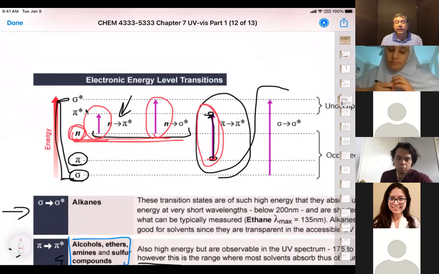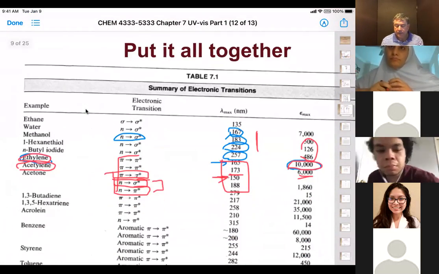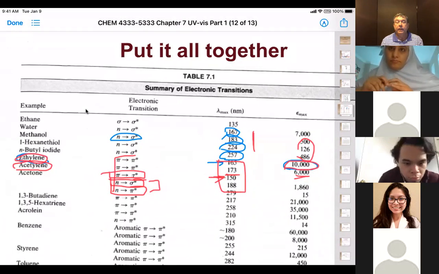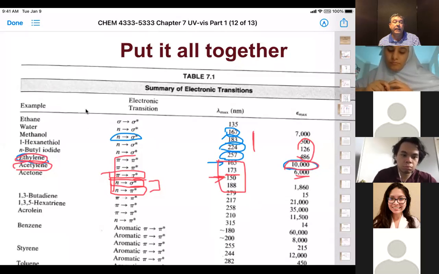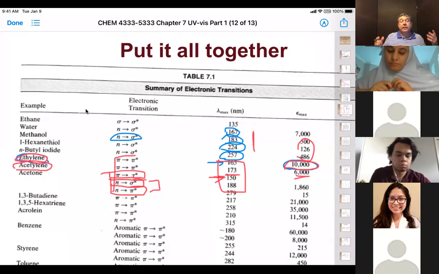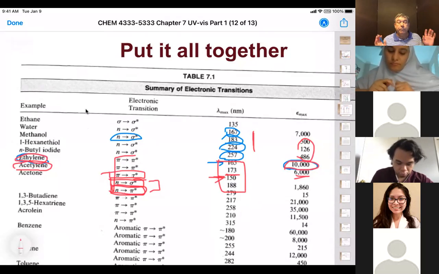And we see that in acetone specifically because our pi to pi star transition is at 150 nanometers, our non-bonding to sigma star transition is at 188 nanometers, and our 279 nanometers is where we see our non-bonding electron to pi star transition. And that's the lowest energy. However, because this is technically a forbidden transition, it has a very low extinction coefficient.